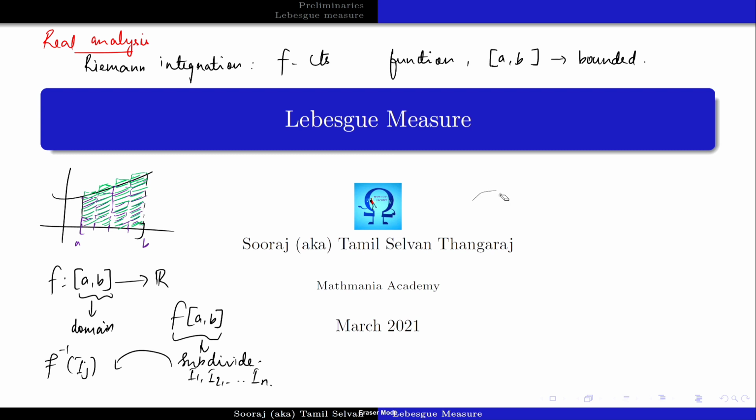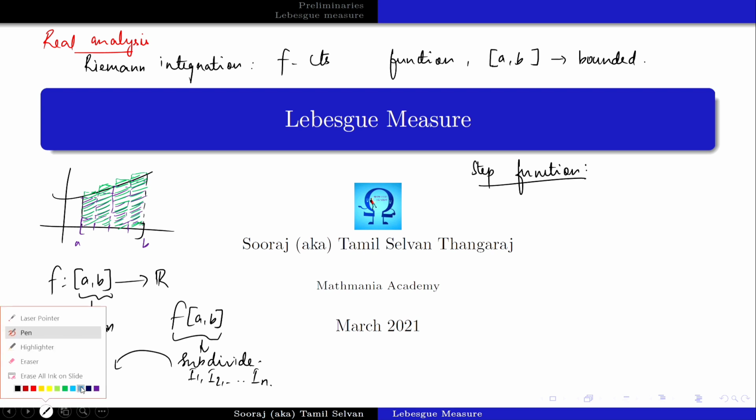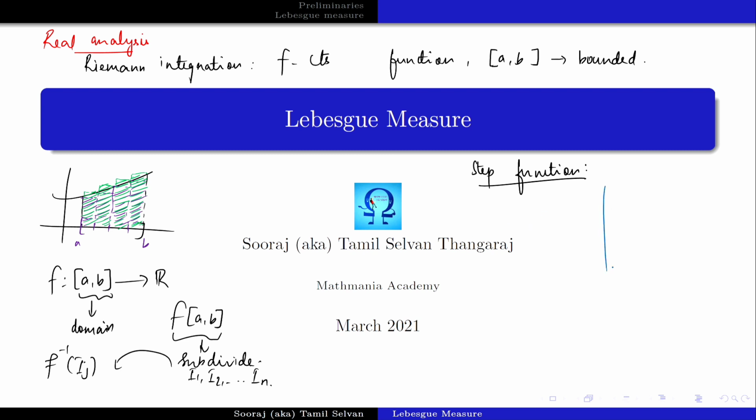For example, I can give you a small example. Let us consider a step function. Let this be my x and let this be my y, which is f of x.